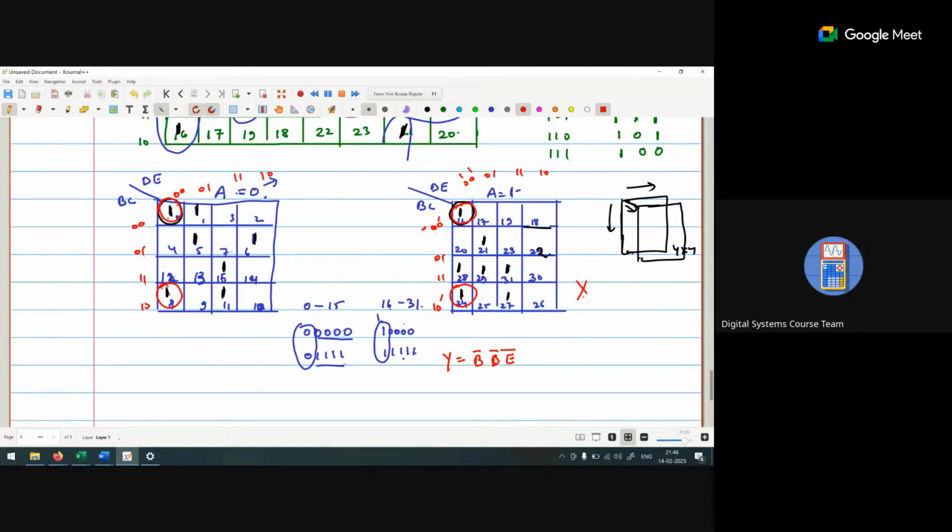Okay, so it is a group of two min terms. How many variable terms are there? 3 variable terms are possible, and this particular value is B bar, C bar, D bar.